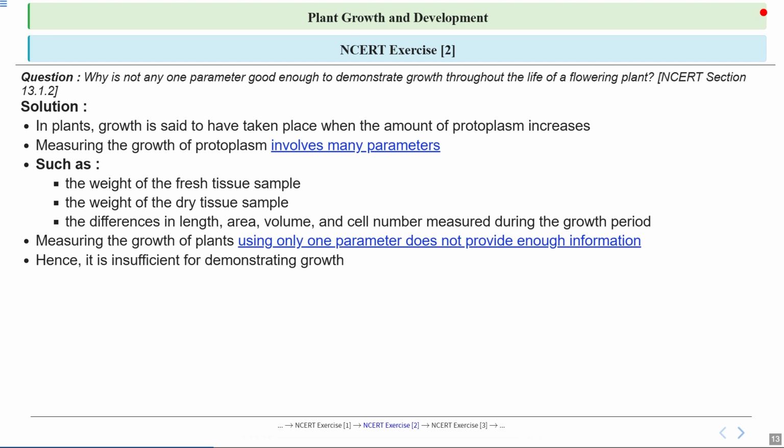They can show us different results. So, we cannot rely on a particular parameter. We have to consider most of the parameters together to measure growth throughout the life of the flowering plant, because one specific parameter cannot give us accurate results.